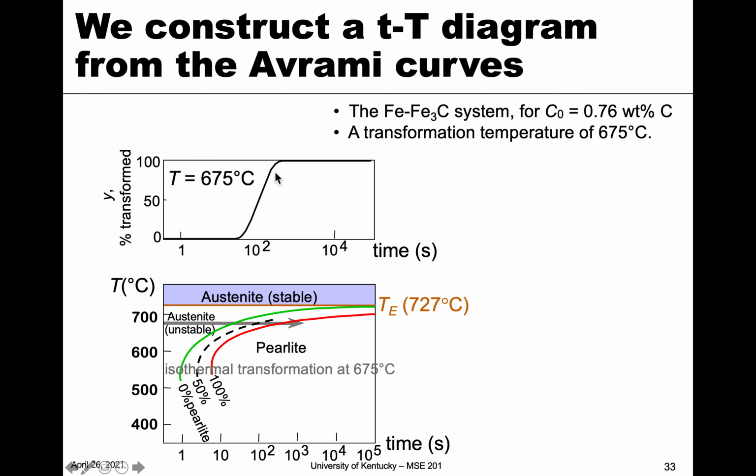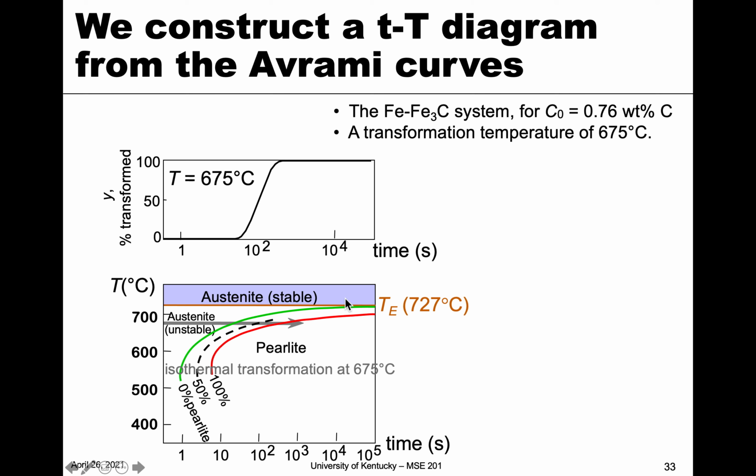It forms that classic S-shaped curve, where we have an initial nucleation, and then it ramps up to the fastest rate in the middle, and then it slows down as more and more is consumed later. From this, at a given temperature, we can get how long it takes to start the reaction, 50% of the reaction, and 100% of the reaction.